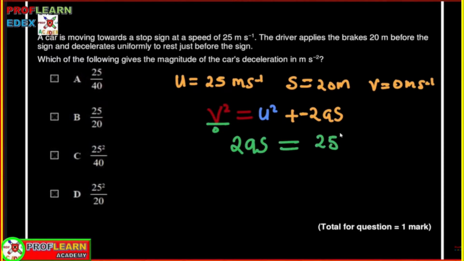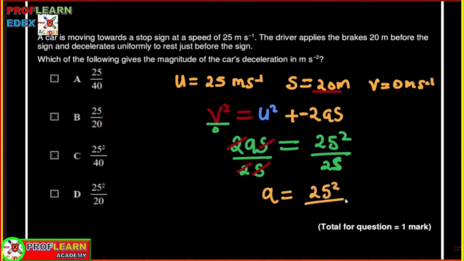Taking 2as to the other side, it becomes positive: 25 squared divided by 2s. So we have this cancelling out, and we shall have a equals 25 squared over 2 times 20, which translates to 25 squared over 40.